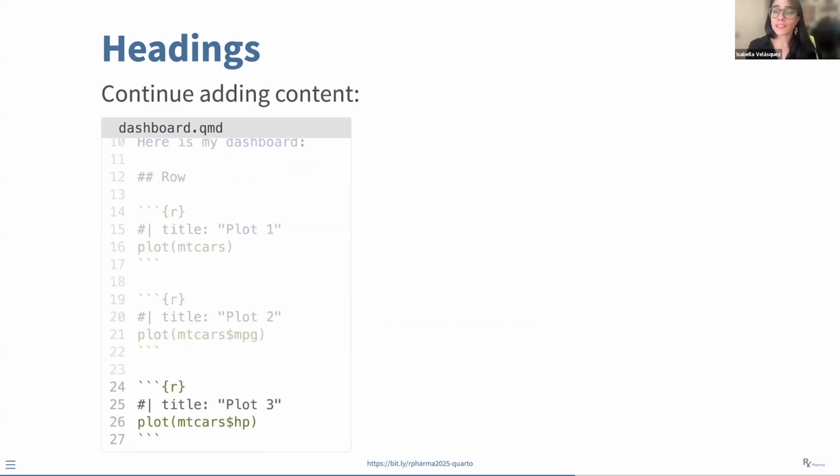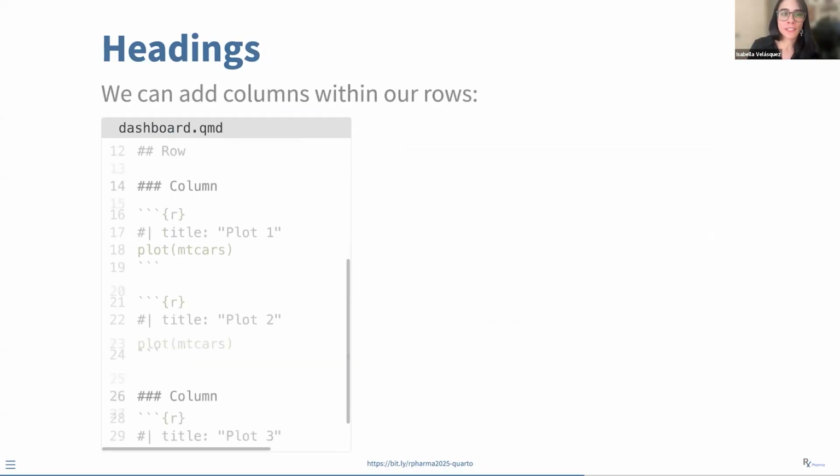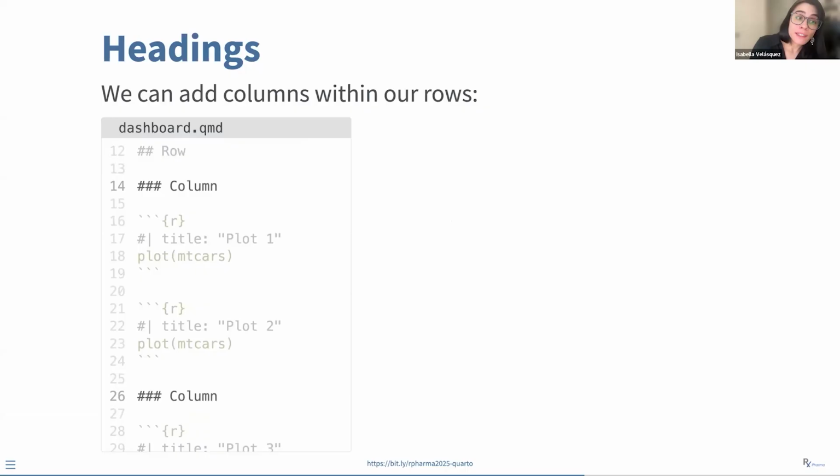And from here, we just continue adding to our dashboard to make it look the way that we want. So here I've added a third plot. So one row with the text, another row with 3 plots. We could add columns within our rows if we want to be even more specific.